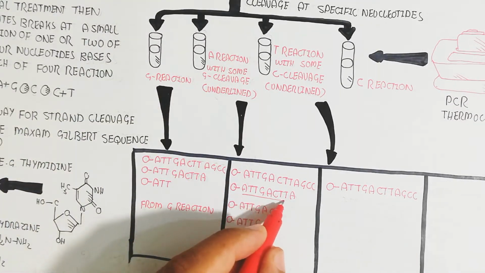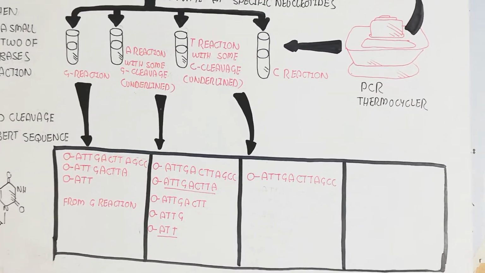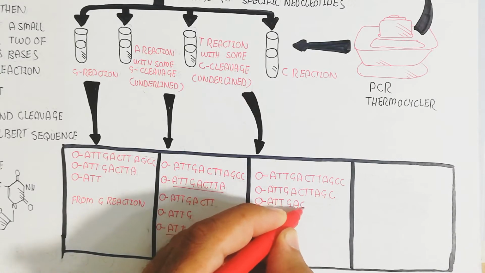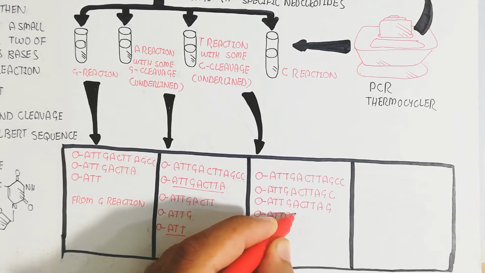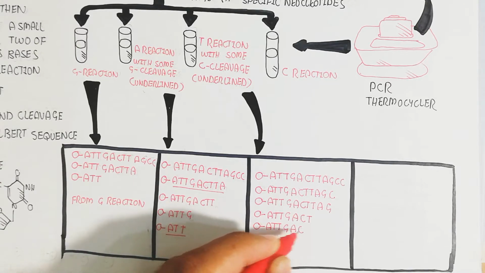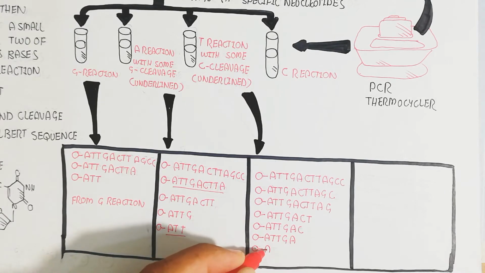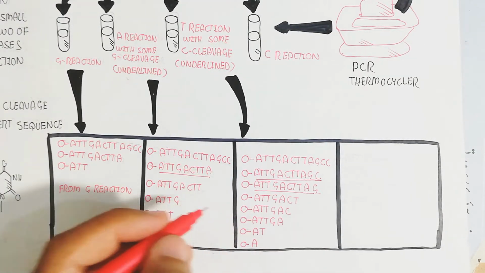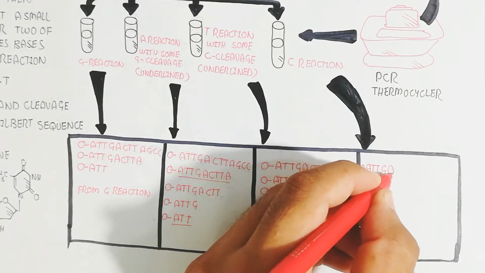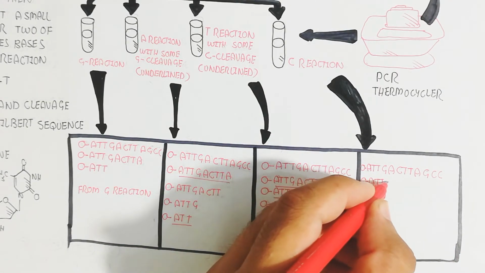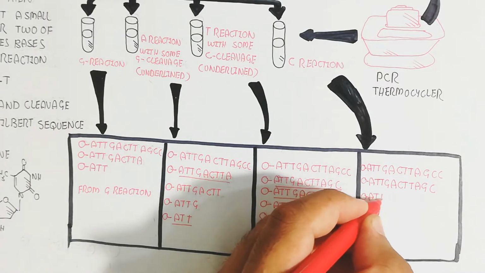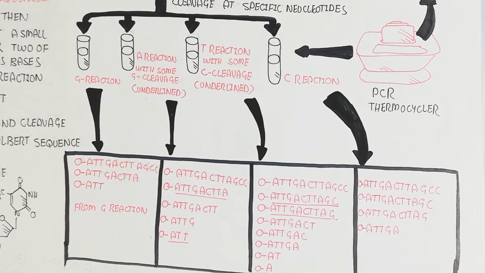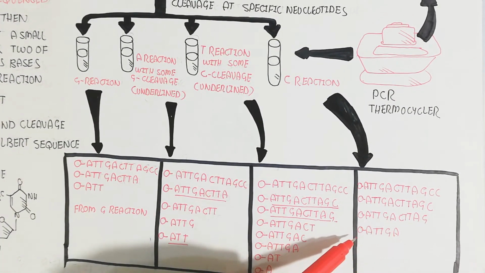In the T reaction with some C cleavage, the C cleavage will be underlined. Different segments will be produced due to cleavage at the T sites and C sites, basically the same as the thymidine cleavage we discussed. Here a different segment will be produced, and here you can see the C reaction.